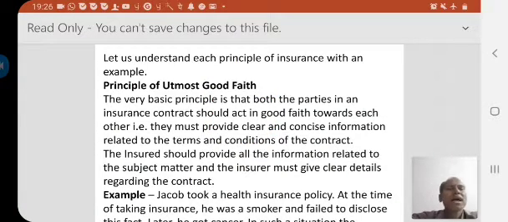In the previous class, we have discussed some principles of insurance.